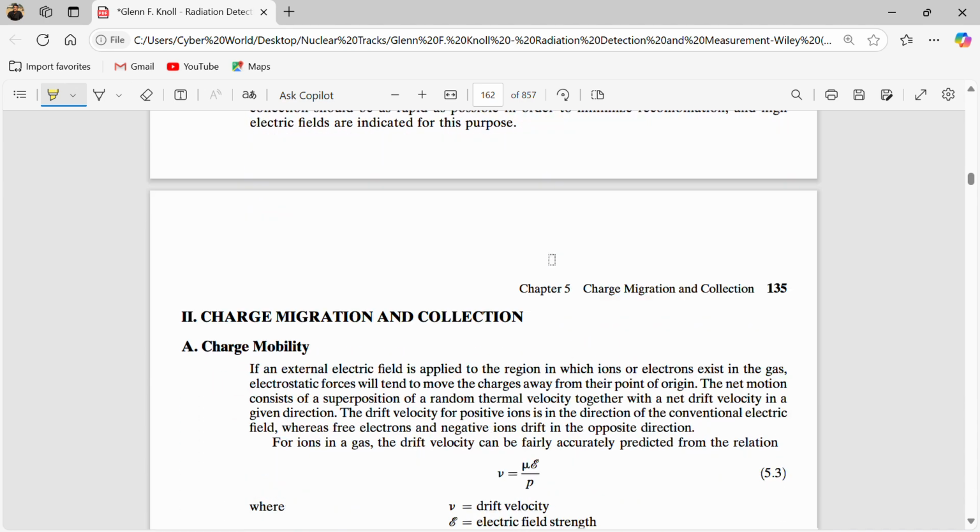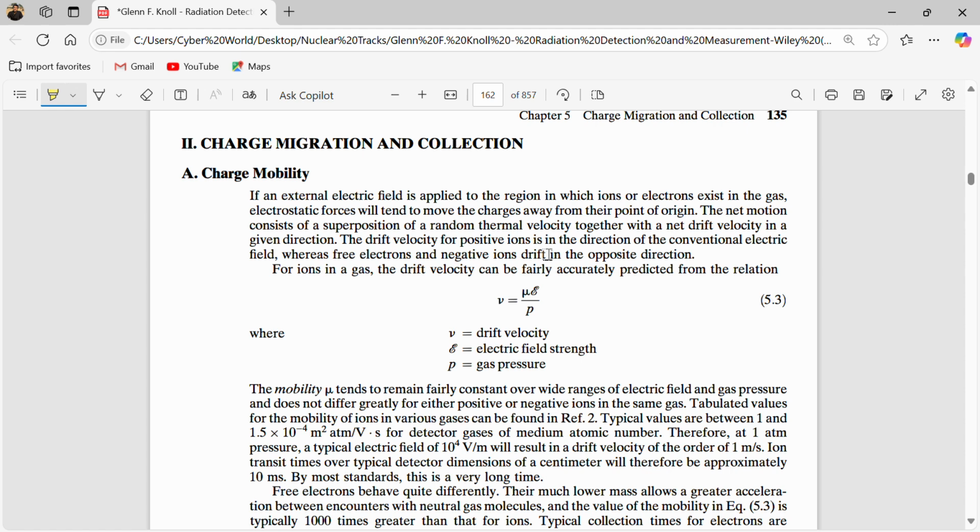Now move on towards the next important factor, which is called charge migration and collision. What does charge migration mean? The motion of charge from one place to another: migration, movement.